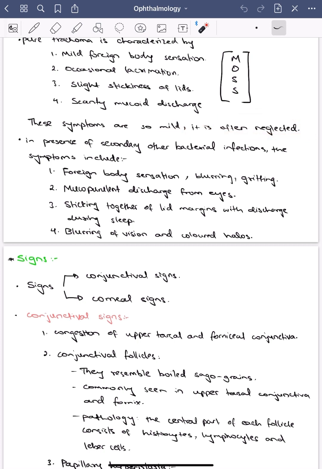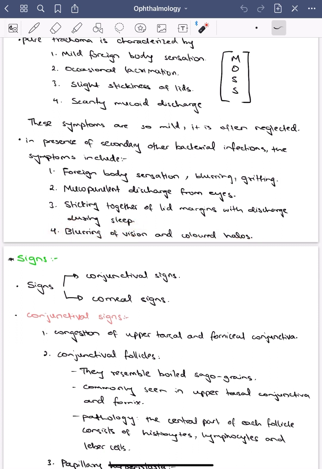Now, in the presence of secondary bacterial infection, the symptoms include foreign body sensation, blurring and gritting, mucopurulent discharge from the eyes, sticking together of the lid margins with a discharge during sleep, and fourth, blurring of vision and colored halos.